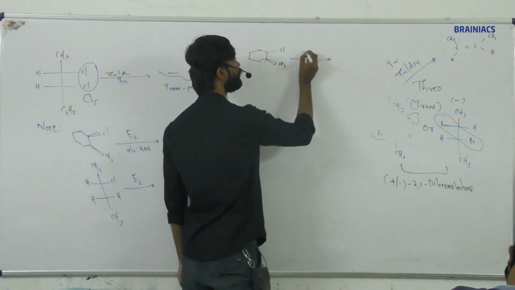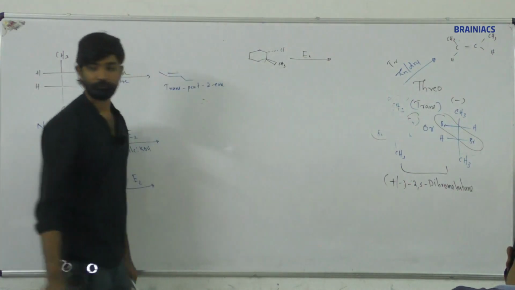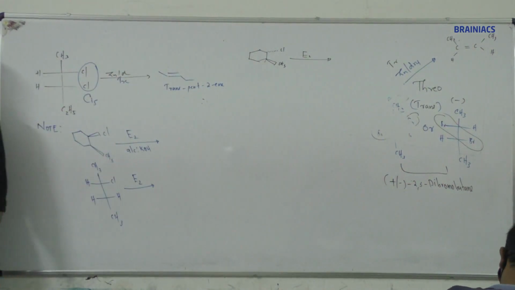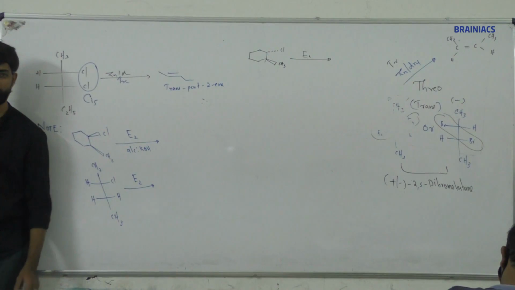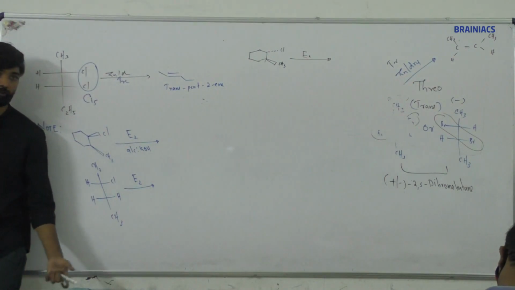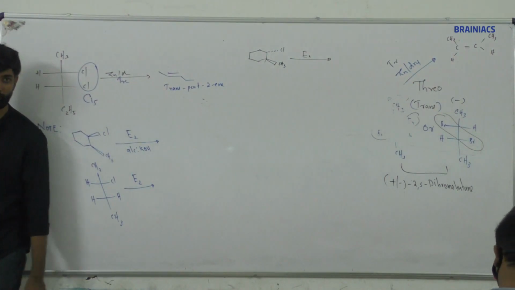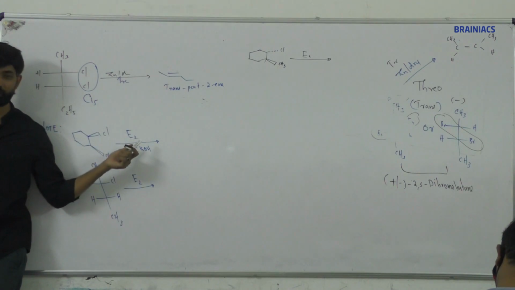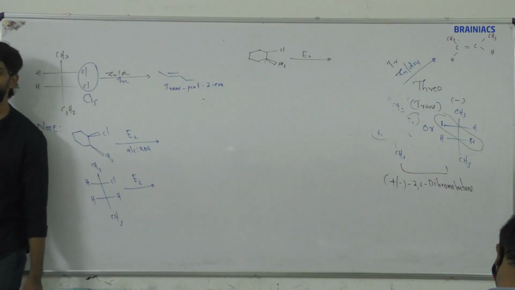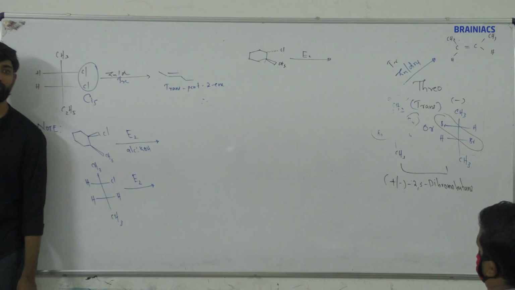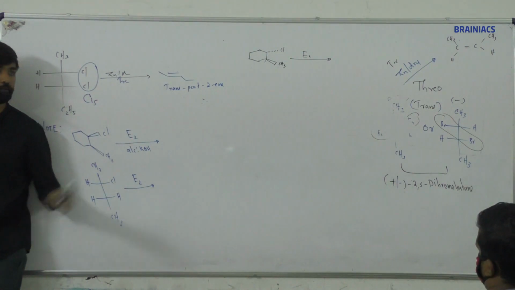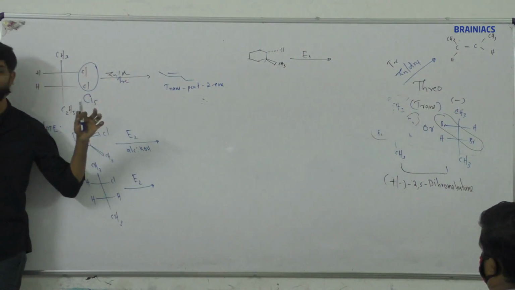Okay, normal beta elimination we know. Beta elimination using alcoholic KOH, we know that it may be E1 or E2 or E1cB. But in some questions they mention it as E2, and you have to know the E2 mechanism.